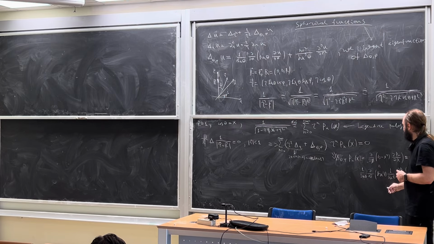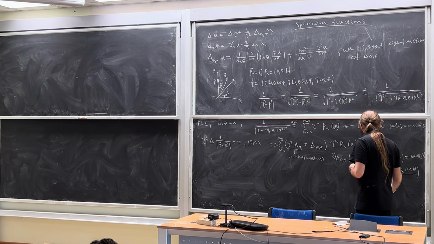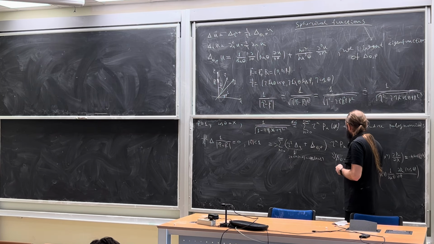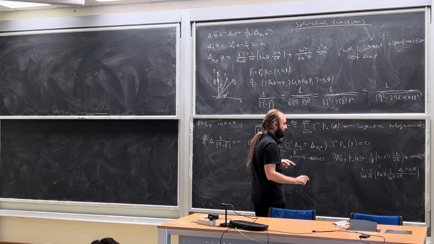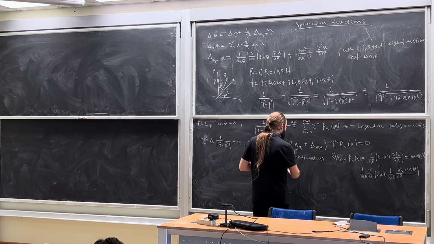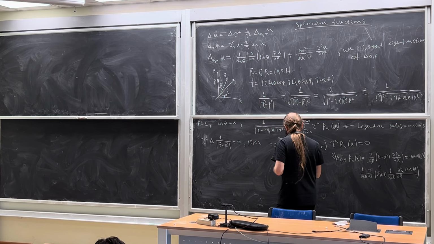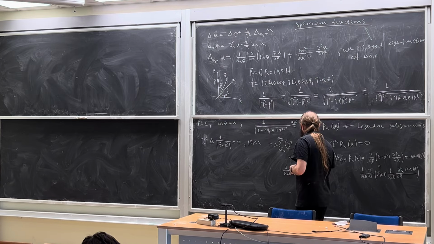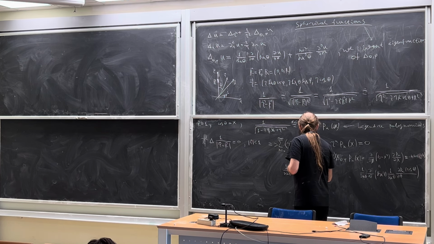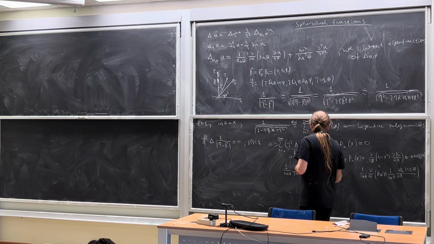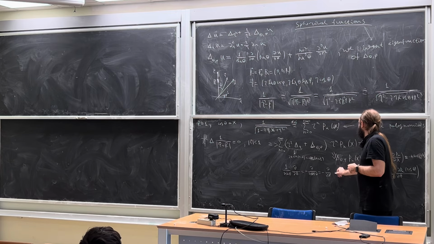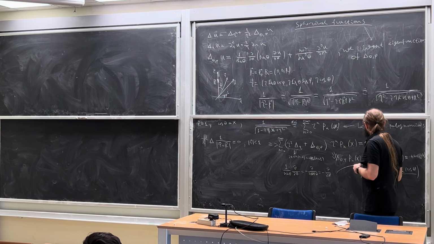So I simply write that 1 over sine theta d by d theta is minus d by d cosine theta, which is minus d by dx. It is this transition.